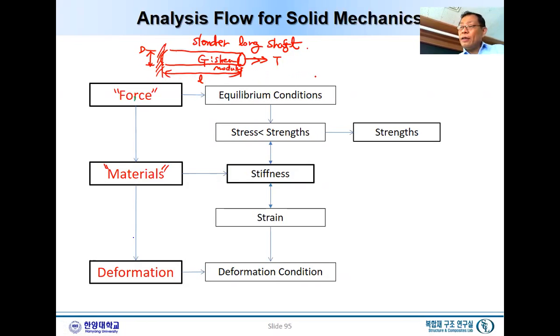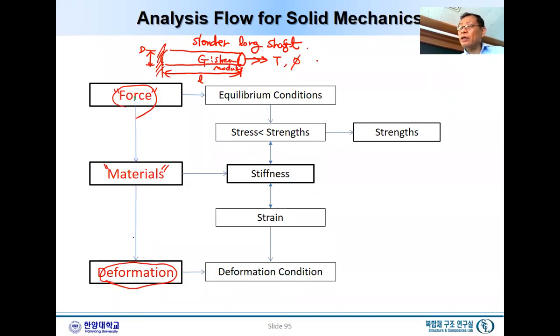Okay, so this is the given, and basically we would like to derive the relation between the force we apply and the deformation we will get. How much you rotate.